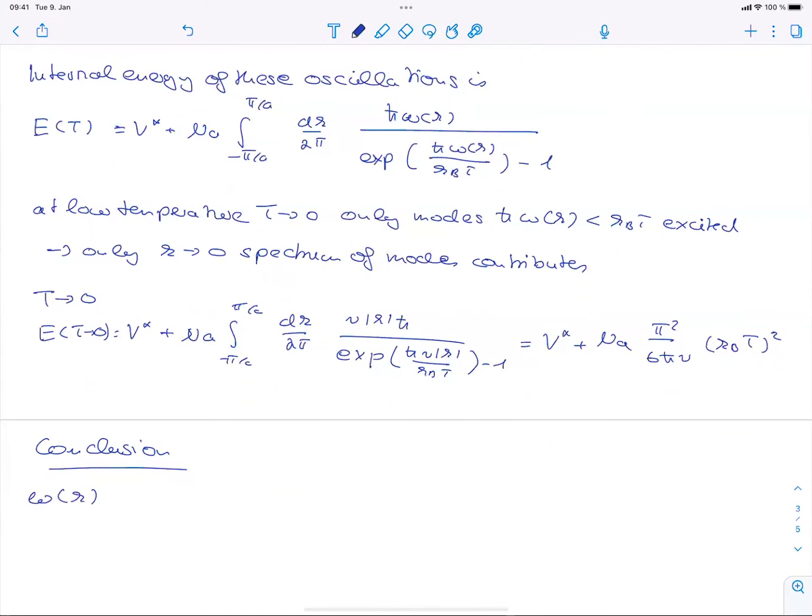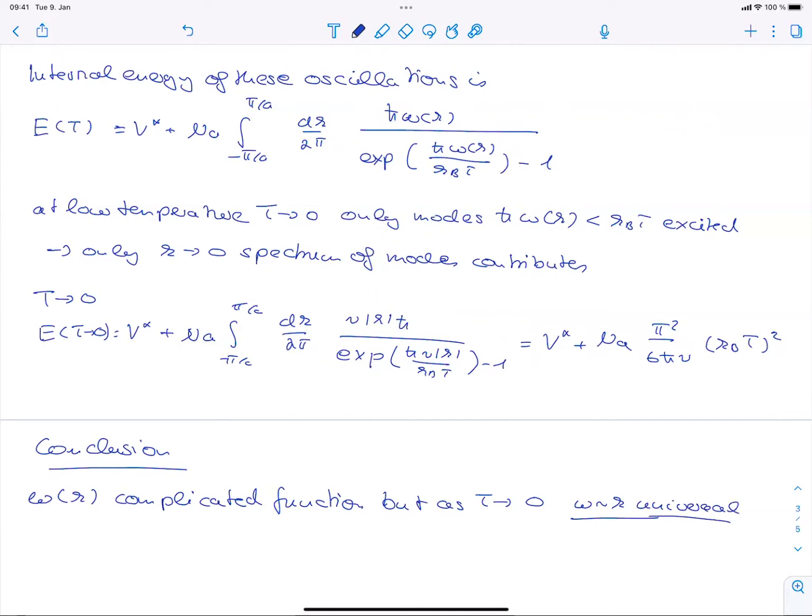Okay, so in general, the dispersion relation is a complicated function. But as we go to the limit of small temperatures, we have omega versus k, and all the properties of the system, all these elastic constants, the k ones, actually got lumped up into v, and this is a universal property of any phonons, independent of the materials chosen.